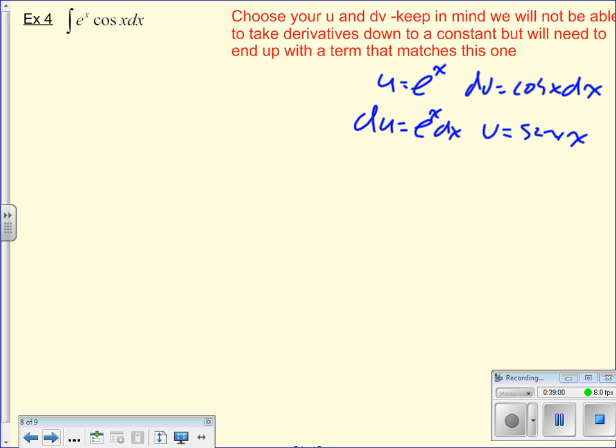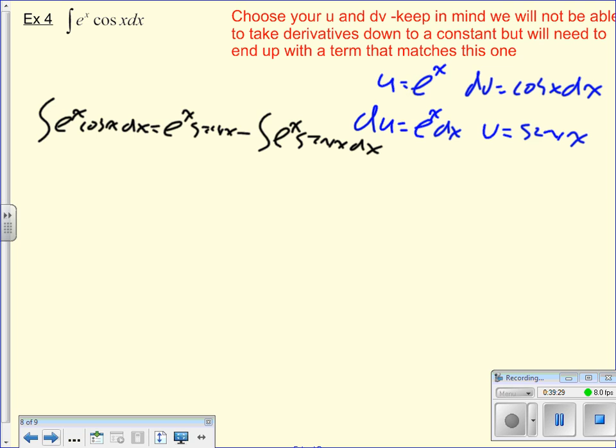Now we do our substitution. You do want to rewrite the problem down. The integral of e to the x cosine x dx equals uv, e to the x sine x, minus the integral of v du, e to the x sine x dx. Oh crap.